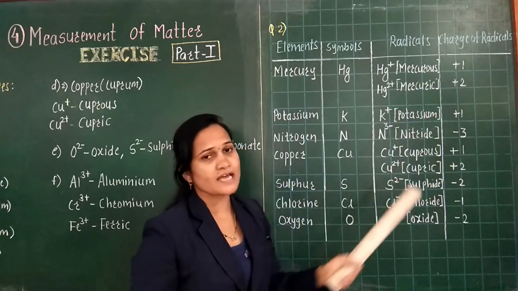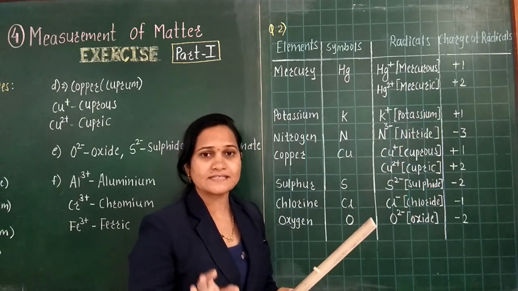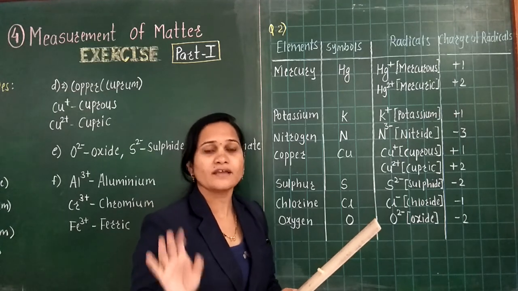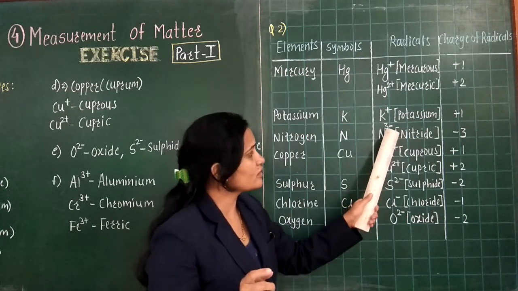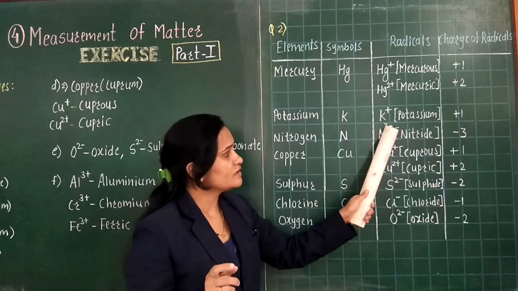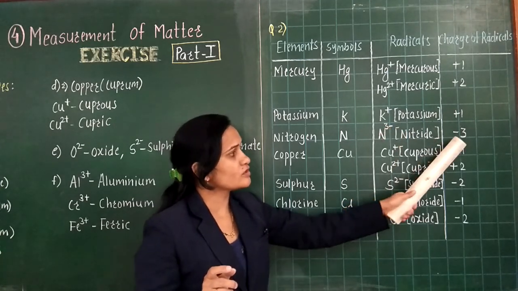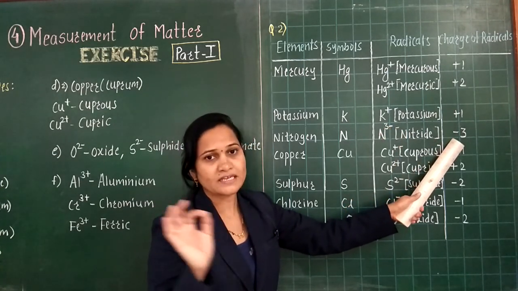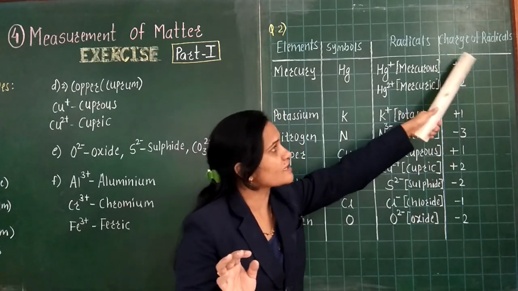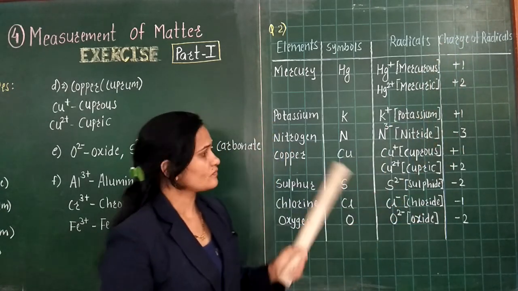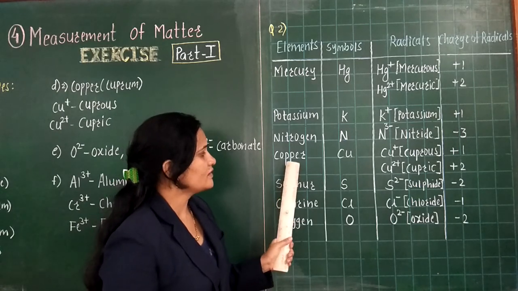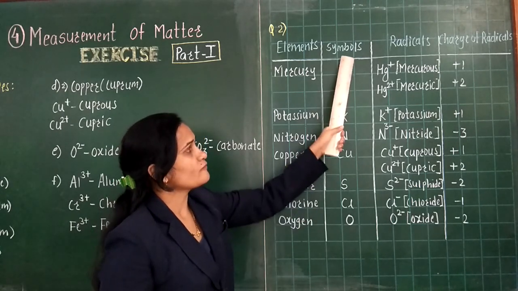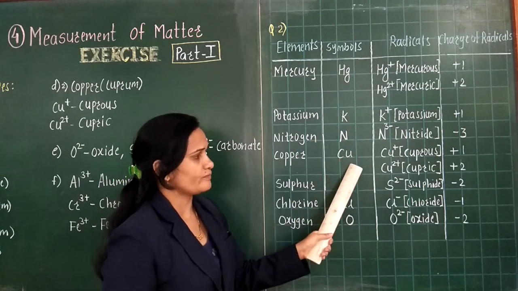While writing the charge of radicals, see the number of valence electrons and the charge given to them carefully. 3 minus is written here. So mention -3 as the charge of the radical. See the question. Next element, copper. The symbol for copper is Cu.